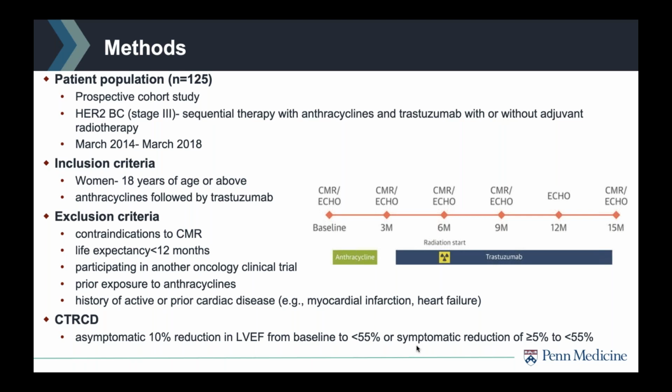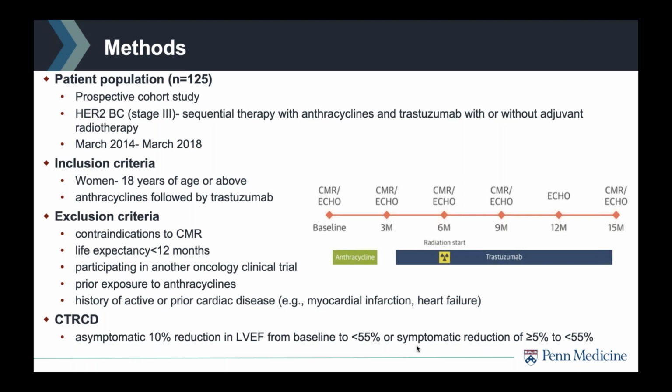Exclusion criteria were a contraindication to CMR, life expectancy less than 12 months, participation in another clinical trial, prior exposure to anthracyclines, which is important because this can also cause a change in your strain, and a history of active or prior cardiac disease like MI or heart failure.